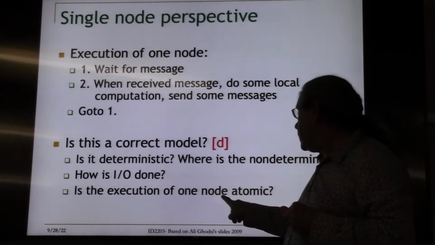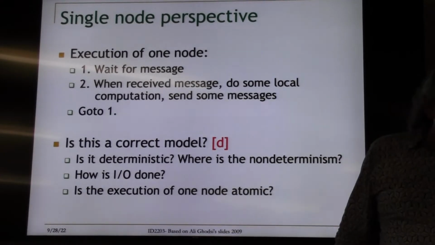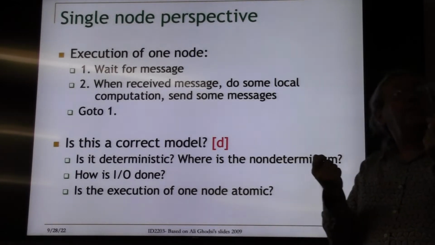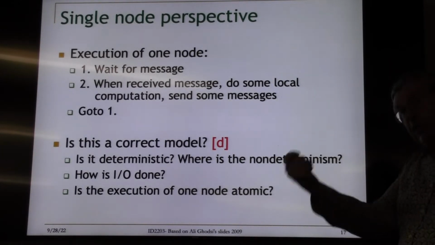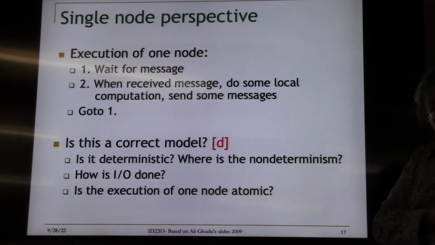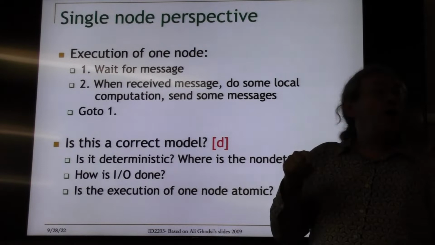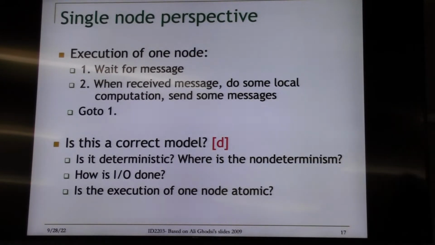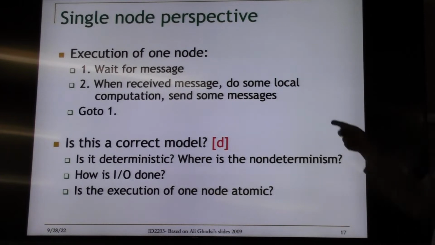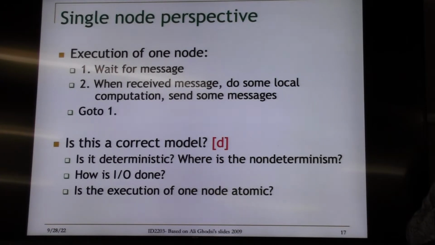What about atomicity? Do you know an atomic execution? It is an execution where there is no intermediate state. You see the beginning and the ending state, and it's as if the transition was instantaneous. So the intermediate states are not detectable. Is this atomic? Does this have that behavior?